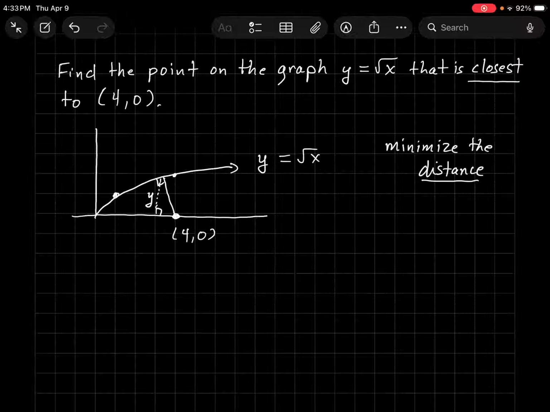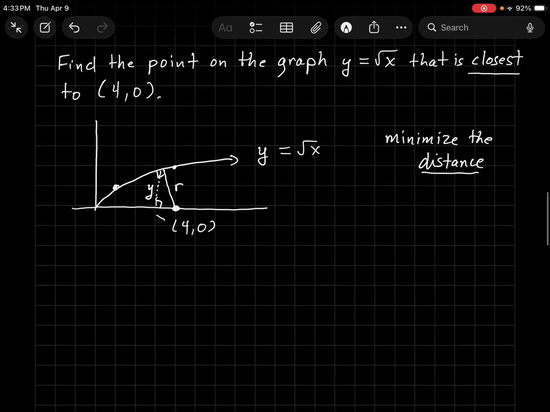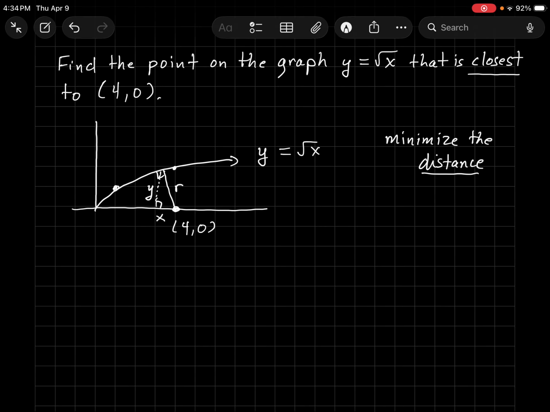I want to minimize this length here. I'm going to call it R instead of D for distance. And then I want to find a label for this bottom part here, which I'm going to label as X, because a lot of people label that as X. But that is incorrect.